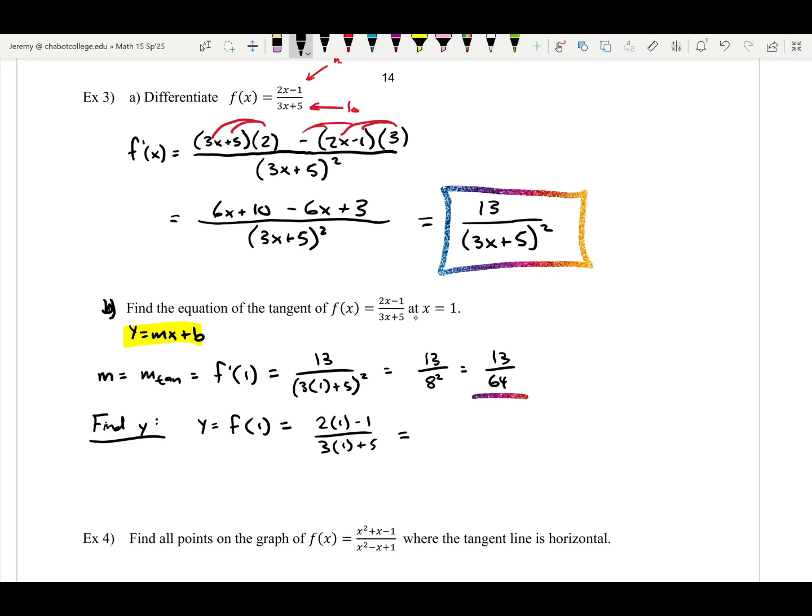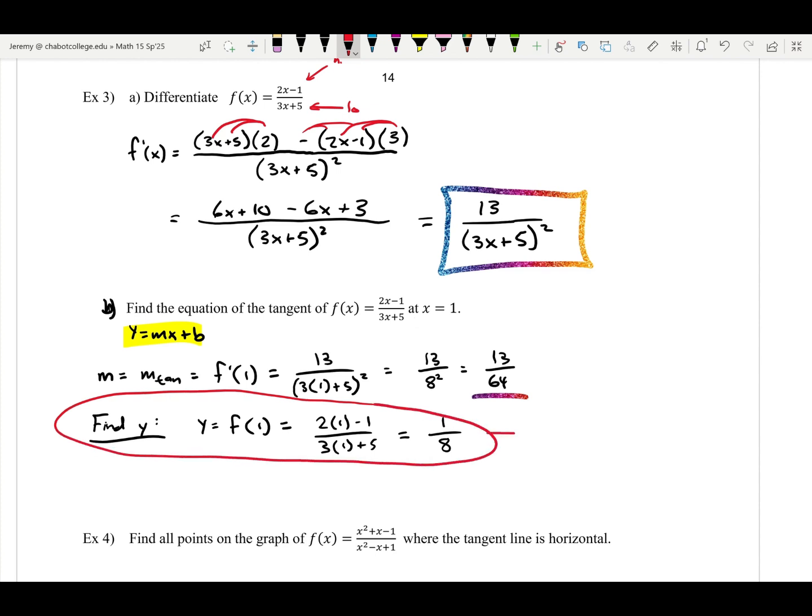All right, so it looks like I am getting 1 over 8. Okay, so our ordered pair here is going to be the ordered pair (1, 1/8).